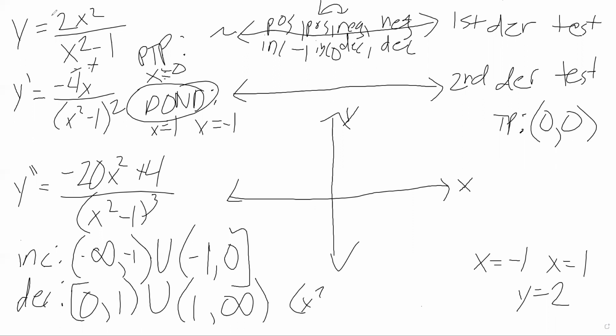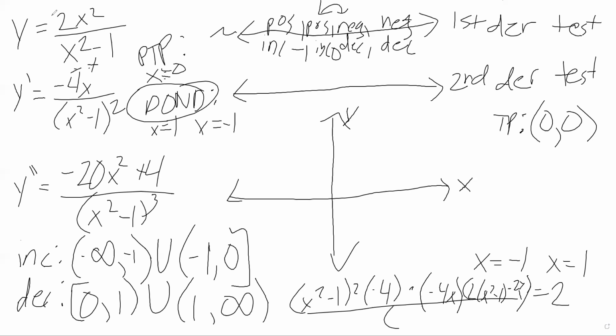So x squared minus 1 squared times derivative at the top. So it should be -4 times the derivative, or times the top, sorry, -4x times the derivative at the bottom. So it should be 2 times x squared minus 1 times 2x all over the bottom square.